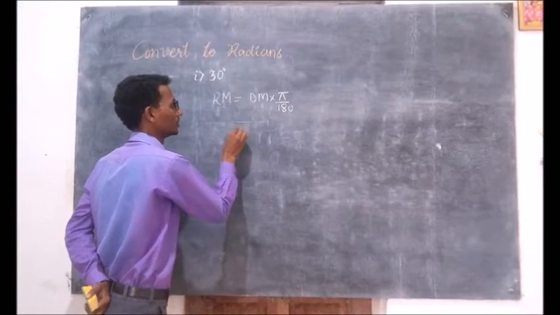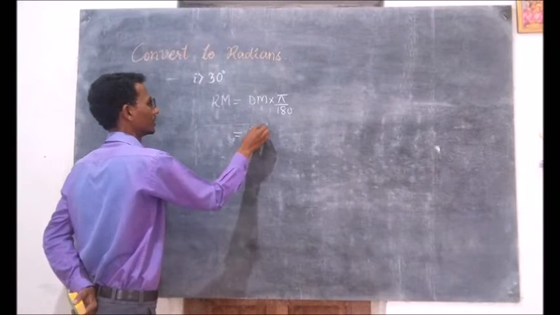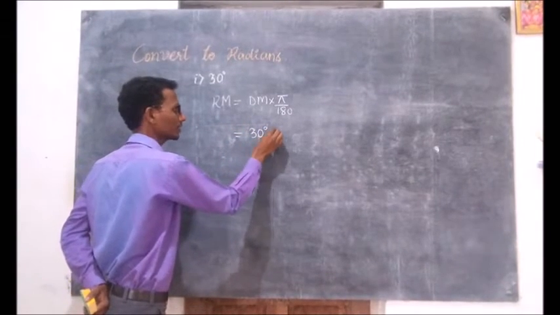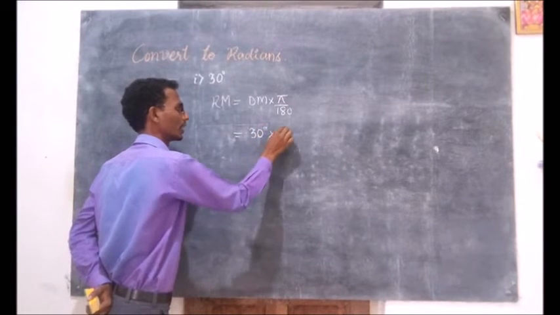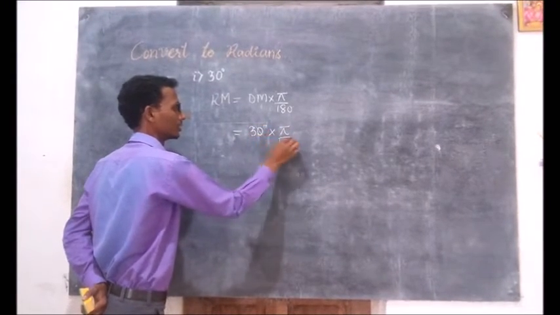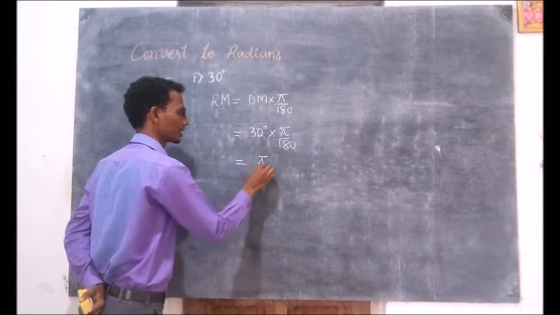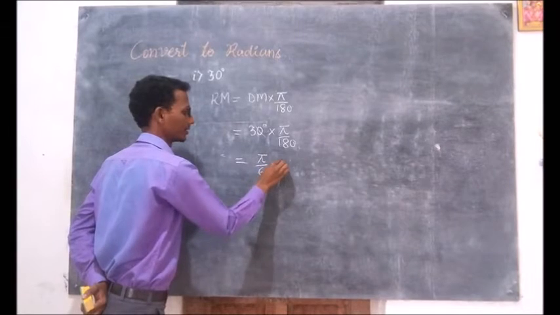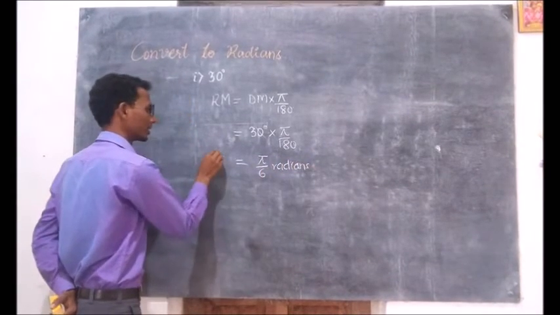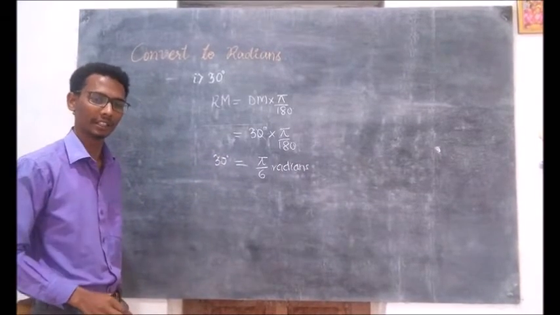So, 30 degrees can be obtained as 30 into pi by 180, that is pi by 6 radians. So here 30 degrees is pi by 6 radians.